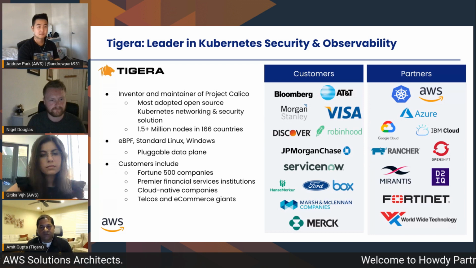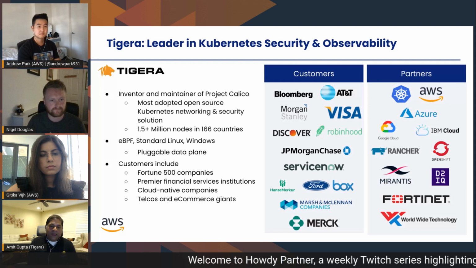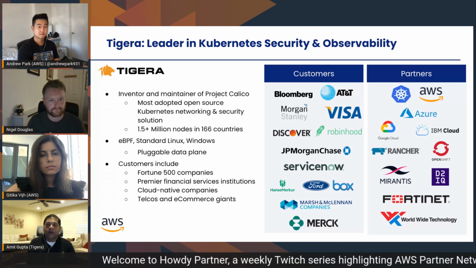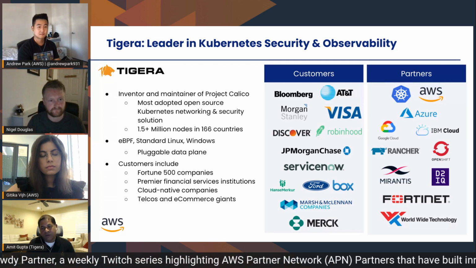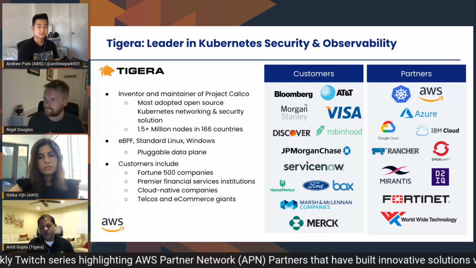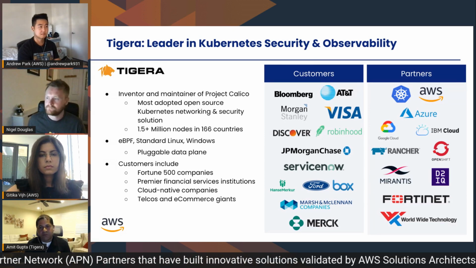We have some names listed here, but primarily what we have seen is that as folks start to put regulated workloads in their containerized Kubernetes environments, that's when some of these problems and use cases that we'll spend a lot of time on today become more pronounced.